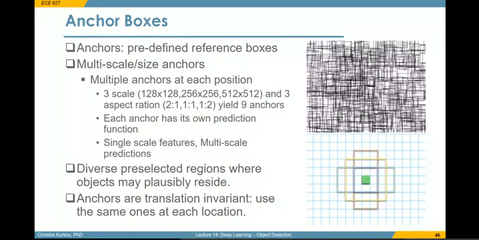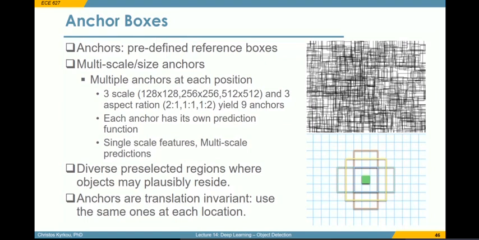Towards building the region proposal network, they introduced this concept of anchor boxes. These are boxes with predefined aspect ratio and scales, which are essentially used as templates to generate proposals. So in the figures here on the right, first we see the possible anchor boxes that can be predicted across the feature map.